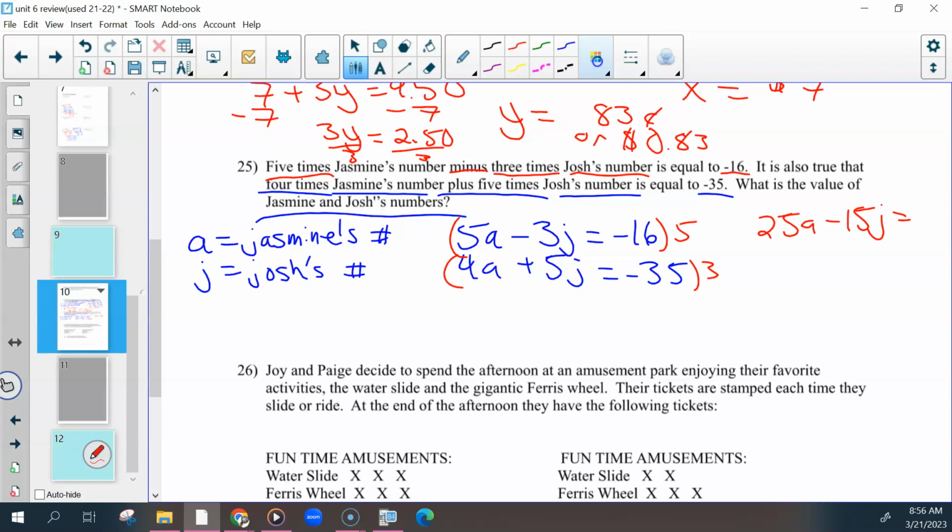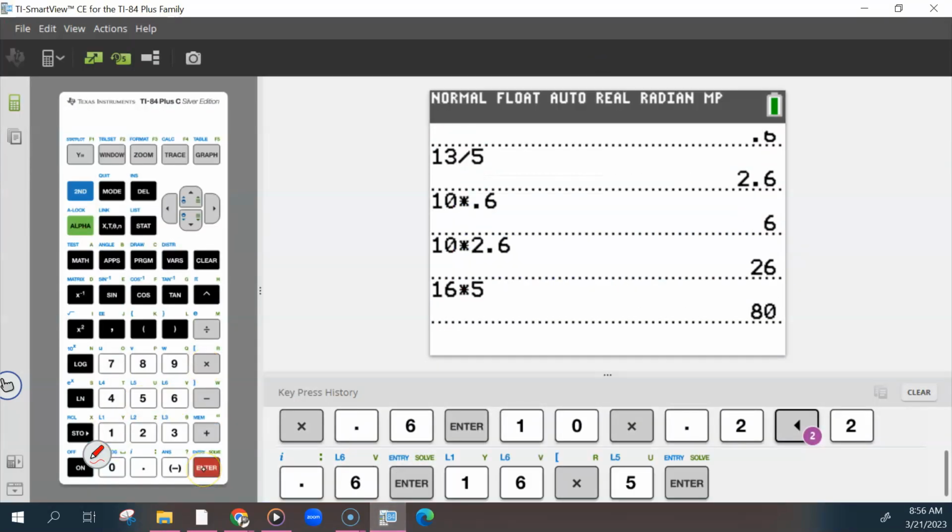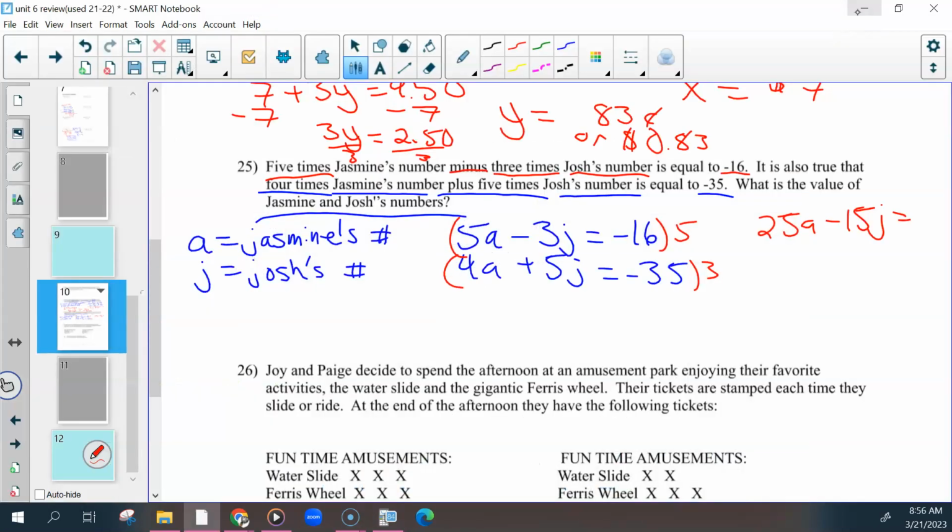What's negative 16 times 5? And then 12A plus 15J equals 35 times 5. Times 3, sorry.